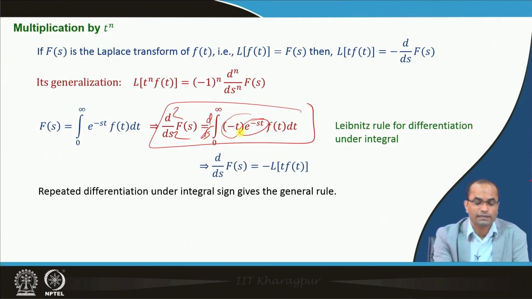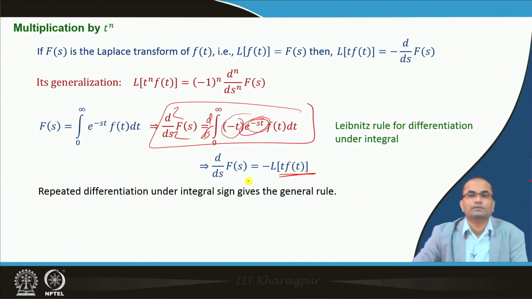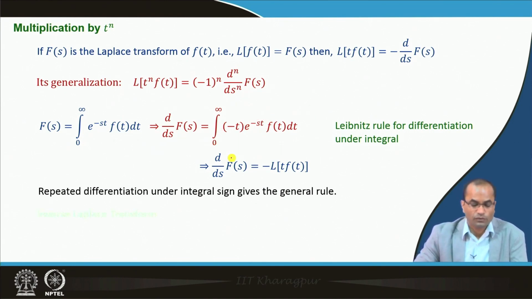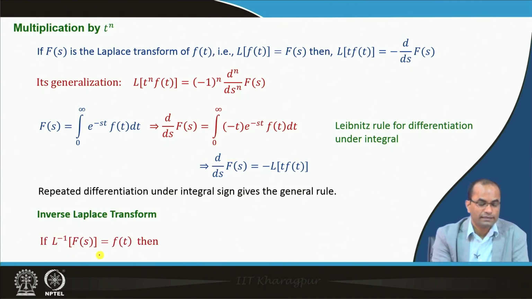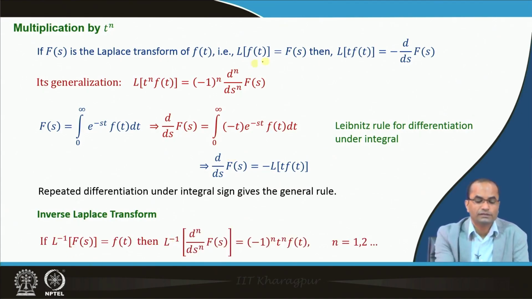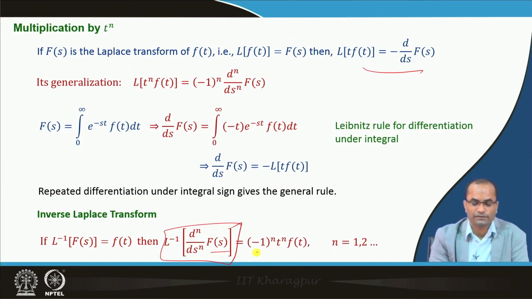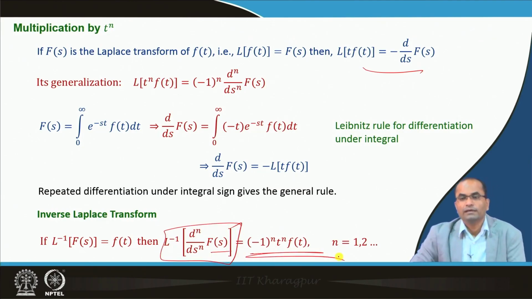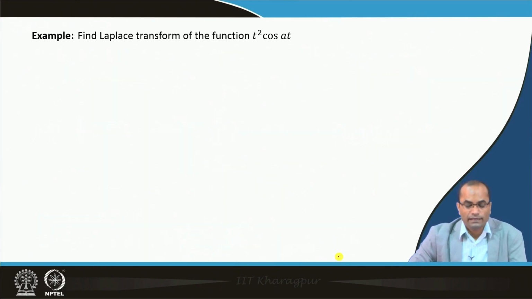So, this minus t will come out, which means t square will appear. So, the Laplace transform of t square f(t) will be just d 2 over ds 2 of F(s). We can get all these general rules, and for the inverse Laplace transform it is the other way around: the Laplace inverse of d n over ds n of F(s) is minus 1 power n t power n f(t).